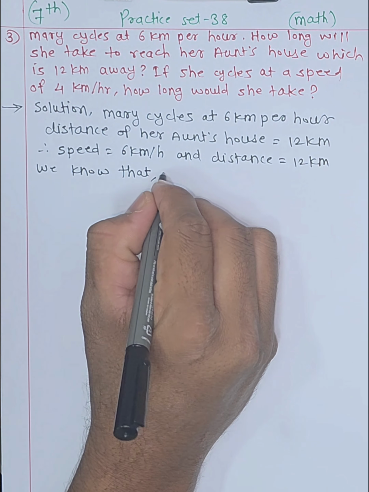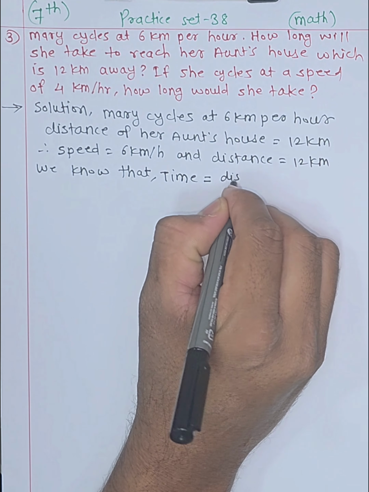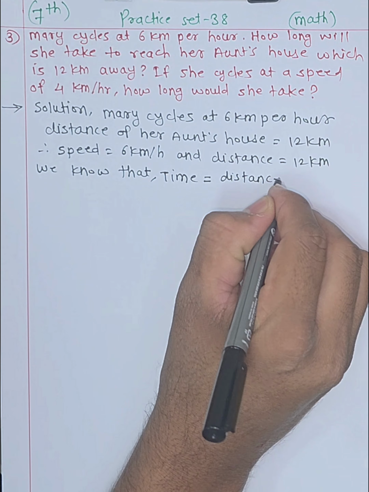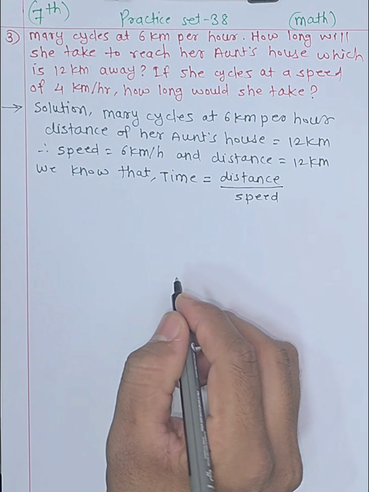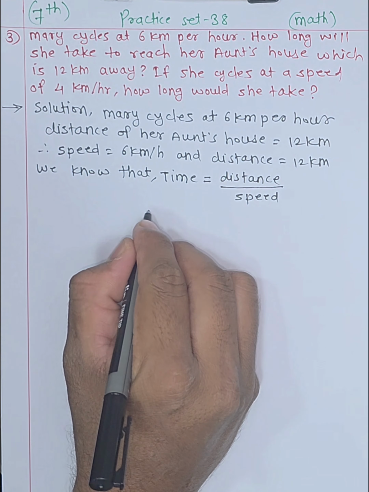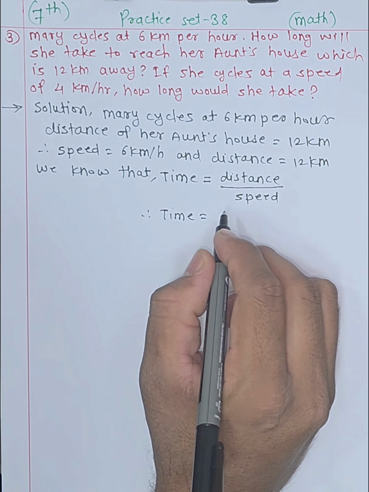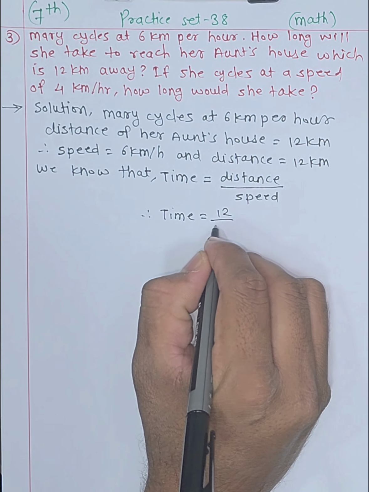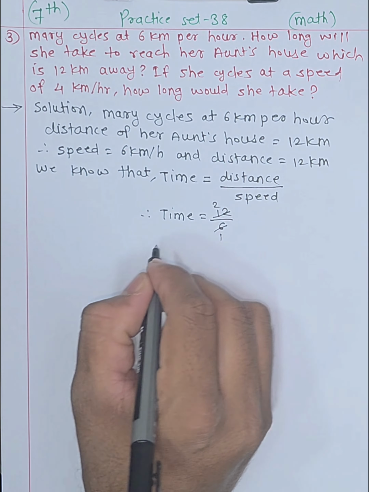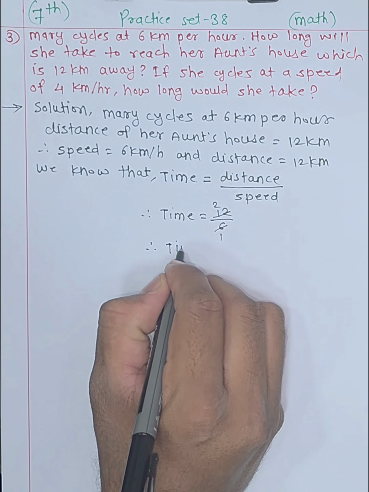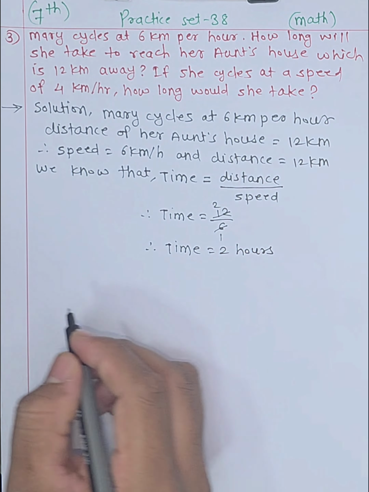We know that time is equal to distance upon speed. Therefore, time is equal to 12 upon 6. By dividing, 6 1 is 6, 6 2 is 12. Therefore, time is equal to 2 hours.